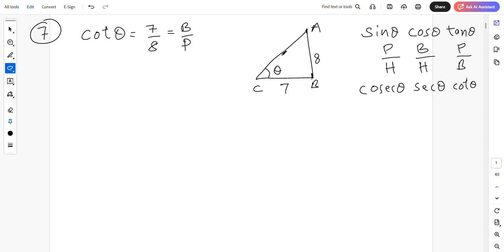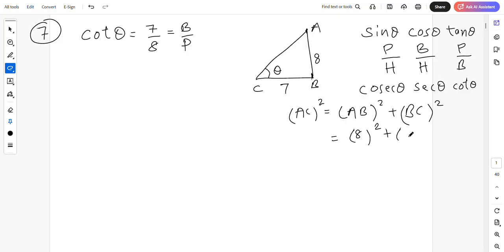How to calculate this one? Use Pythagoras theorem. AC square is equal to AB square plus BC square. The square of the hypotenuse is equal to the sum of the squares on the other two sides. This is by Pythagoras theorem. Now AB is 8, the whole square, plus BC is 7, the whole square.